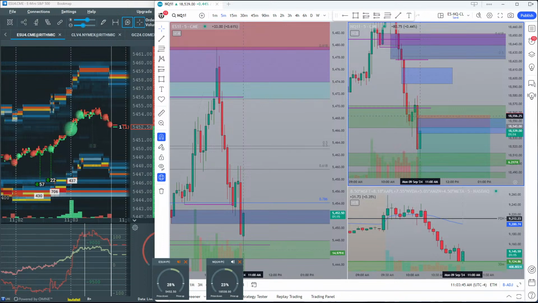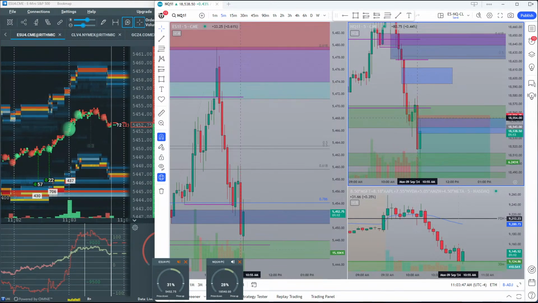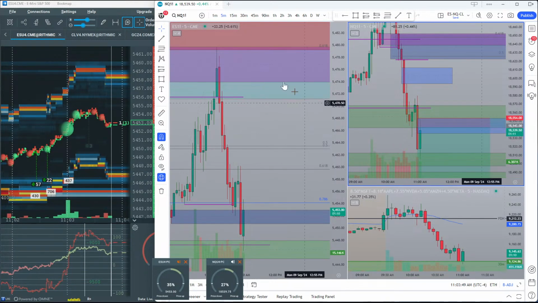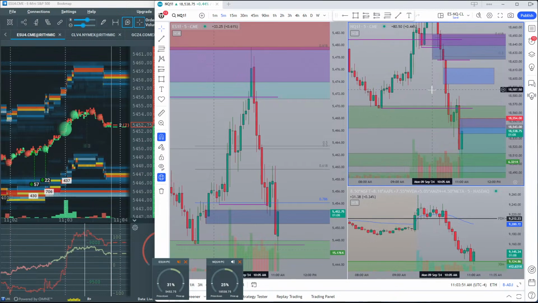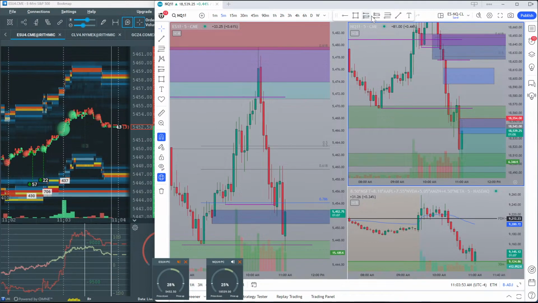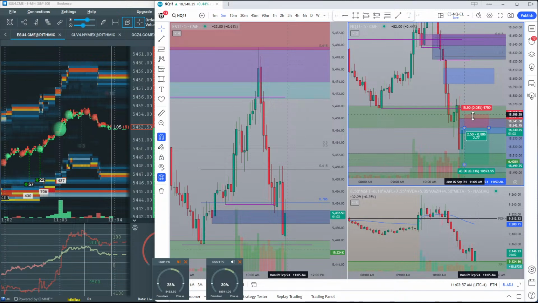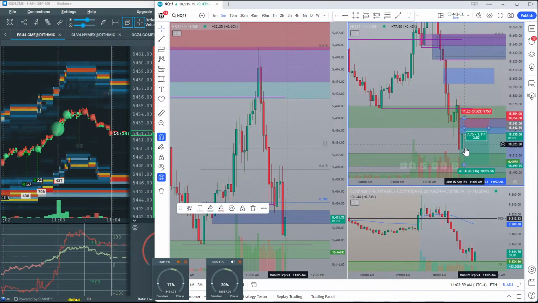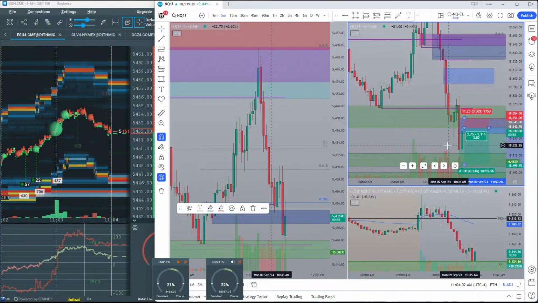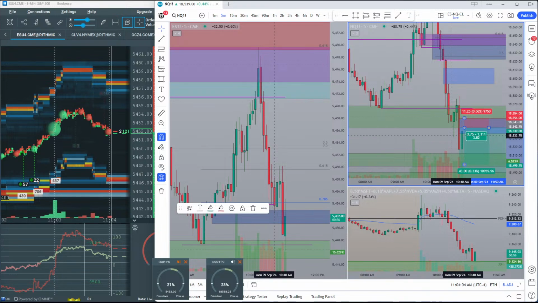Stop loss at the top of the fair value gap. Let's see if the bears will want to continue this. Short, stop loss at the fair value gap. Would like a low of day.